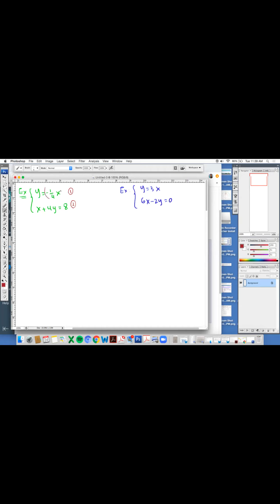So this part here, I'm going to put in parentheses, and I'm going to take it and replace the y in the second equation. So the second equation is written as x plus 4 parentheses negative 1 over 4x equals 8. All right, so now we're going to multiply these fractions. 4 over 1, negative 1 over 4.